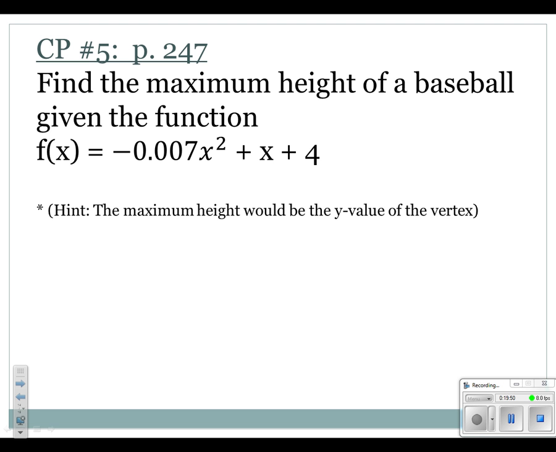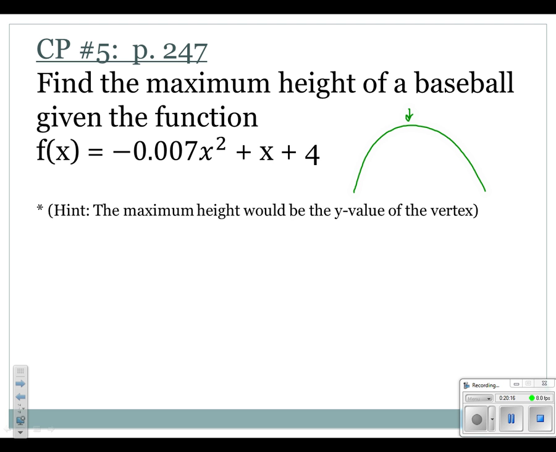If you wanted to find the maximum of this baseball, think about the course of the baseball. It's going to do this. Its maximum is right here. What is that part of the curve called? Hopefully you're thinking vertex right now, but if I can find my vertex, I'm going to be able to calculate the height of that ball. So let's start going through this process.